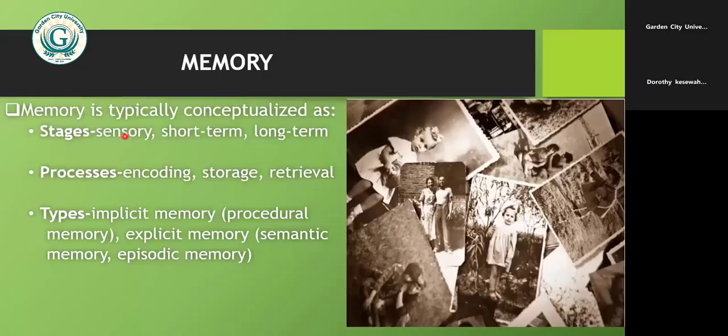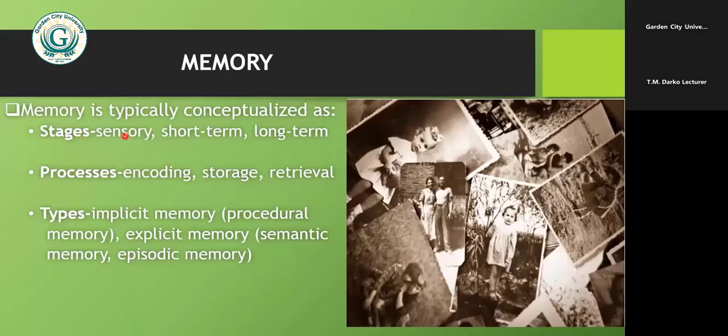And the last one is what? The skin. Very good. For touch. Very good. So all these structures are called the what? Sensory organs. Are you okay? They are called the sensory organs.